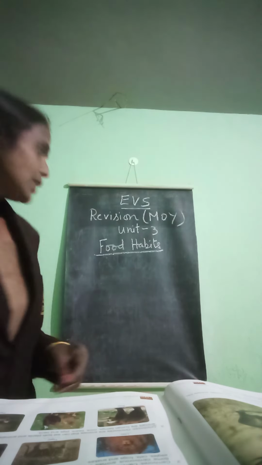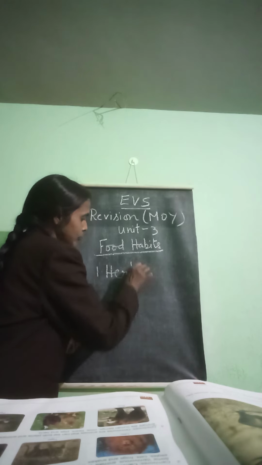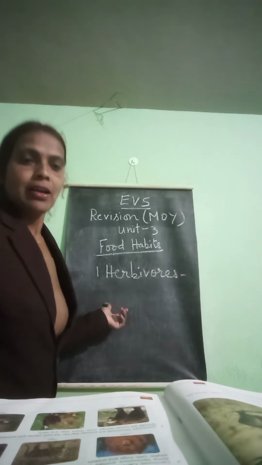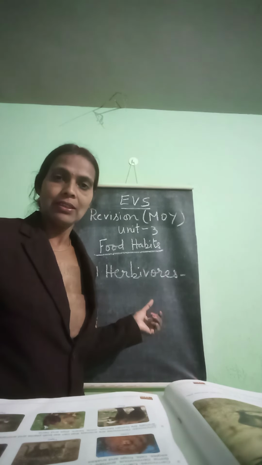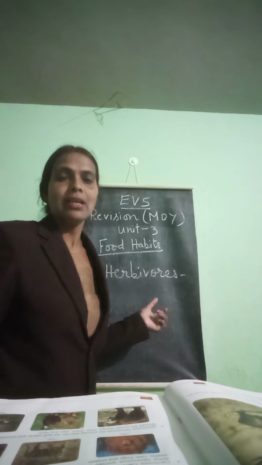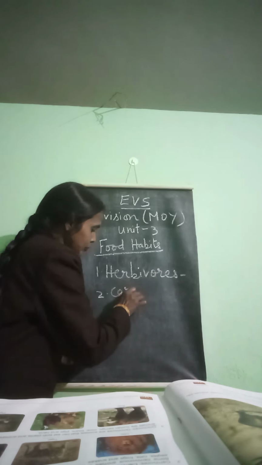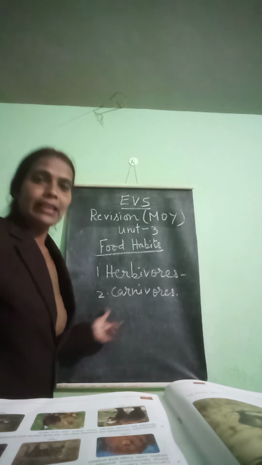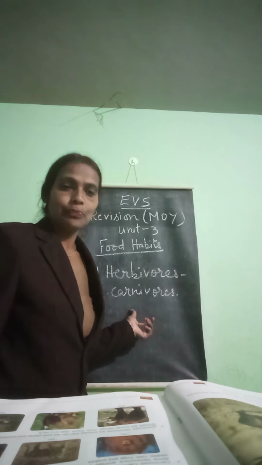That is, first one is herbivores. Herbivores are the animals that eat plants. They are plant eating animals. Second one is carnivores. These animals eat the flesh of other animals, like tiger, lion.